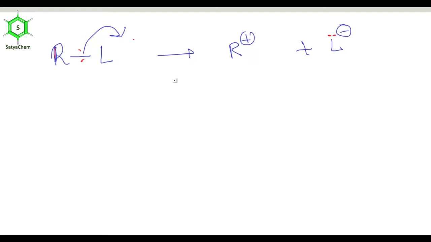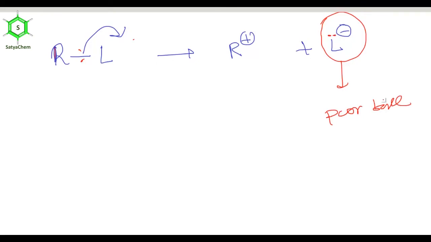Why am I saying that L should be more stable, or it should be a poor base? This process is feasible when L minus is very much stable, and when L minus is very much stable, then it should be a poor base.